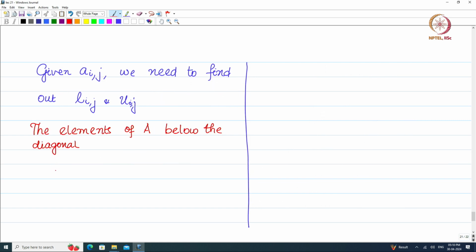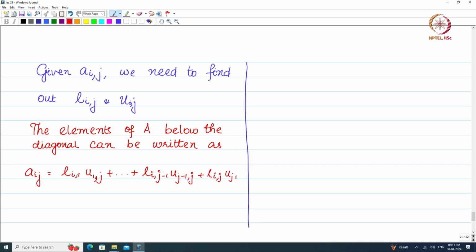If you look at that, this can be written as Aij is equal to Li1 U1j plus etcetera plus Li,j-1 Uj-1,j plus Lij Ujj, and this is for j less than i.